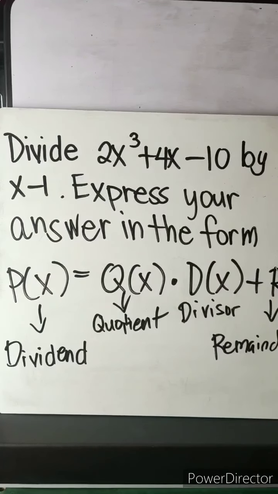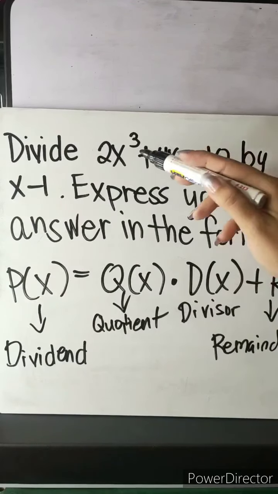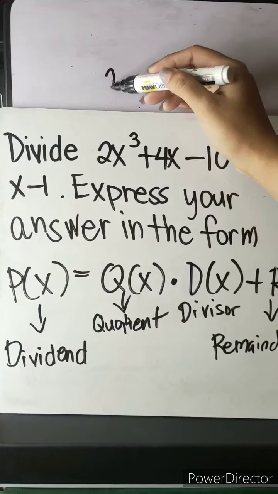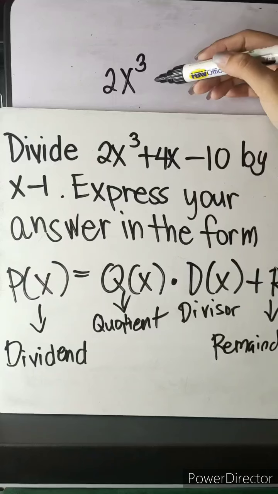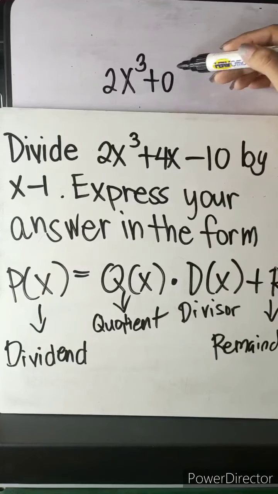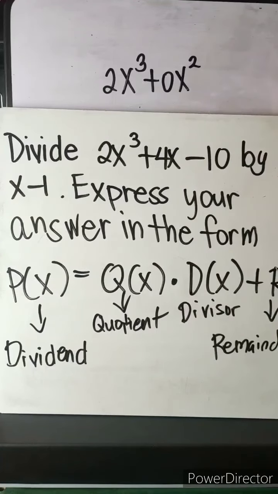So, as you can see, ang pinakamataas nating degree for the dividend is raised to 3. So, ito po yung dividend natin, sulat natin. At dahil wala tayong second degree, isusulat natin yun as 0x squared. So, halimbawa, yung first degree yung wala, lalagyan pa rin natin ng 0x.